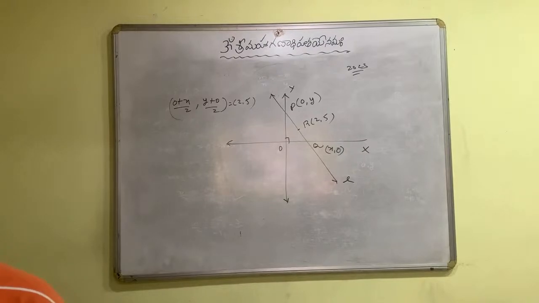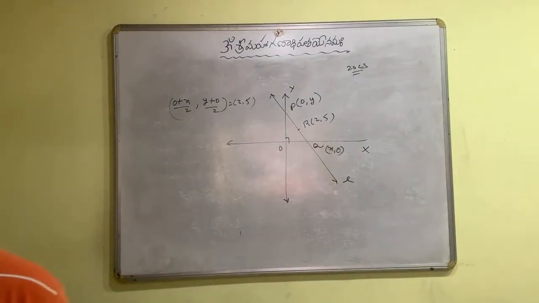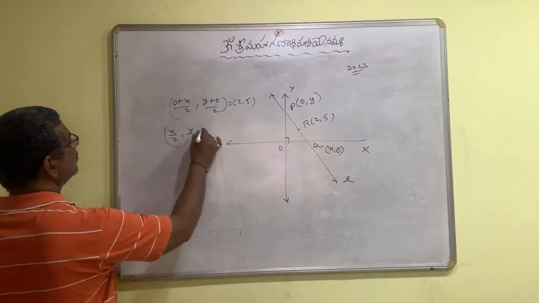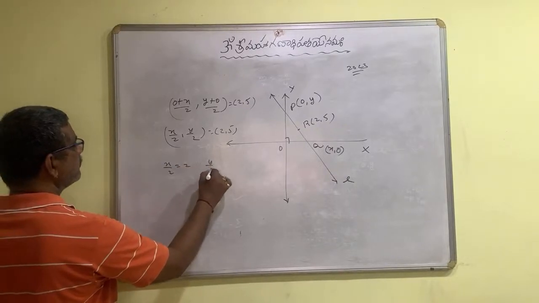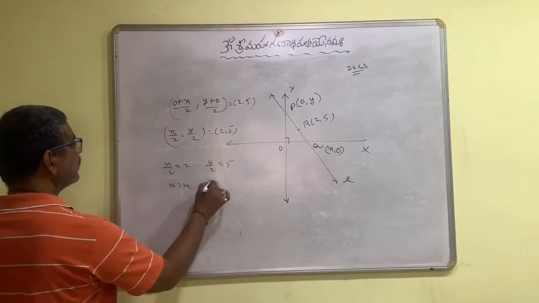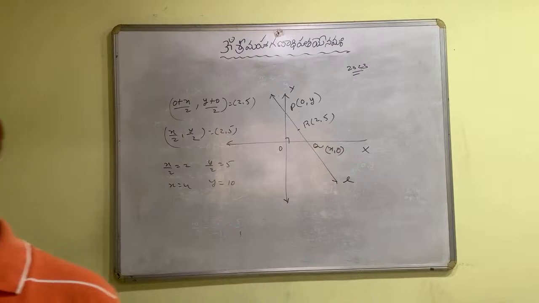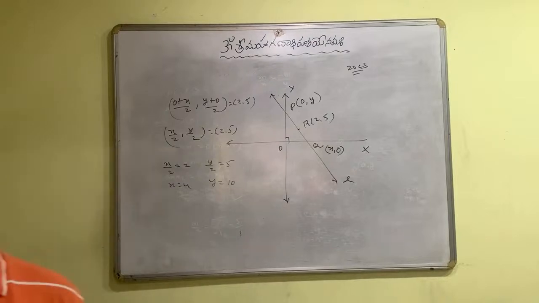Given R is the midpoint of PQ, then ((0 + x)/2, (y + 0)/2) equals (2, 5). That means x by 2 comma y by 2 is 2 comma 5. x by 2 is 2, y by 2 is 5. So x is 4, y is 10. Coordinates of P are (0, 10), coordinates of Q are (4, 0).